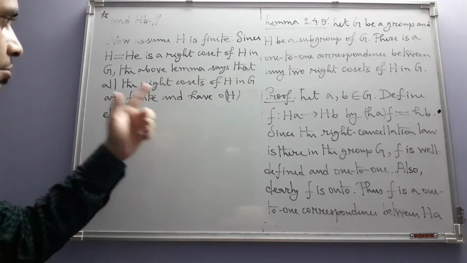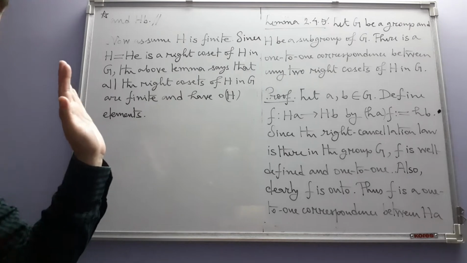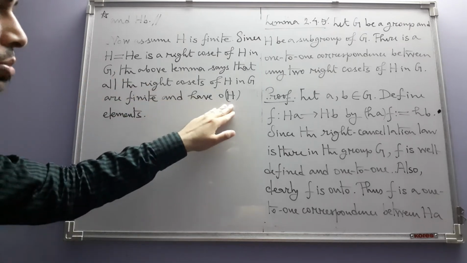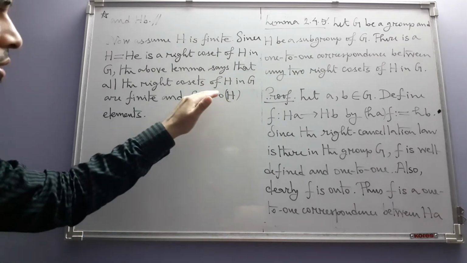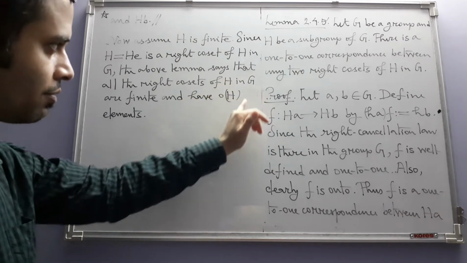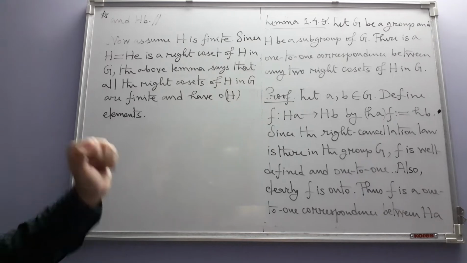We can now say number of elements because the sets are finite. And since H has this many elements and all the other cosets also should have an equal number of elements, all of them have this many elements.